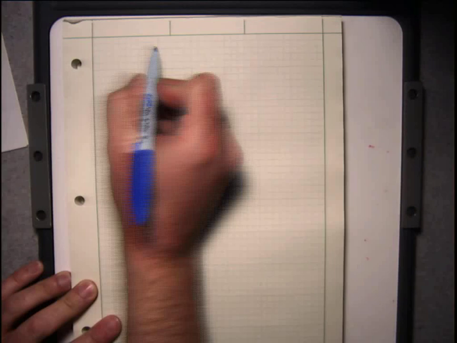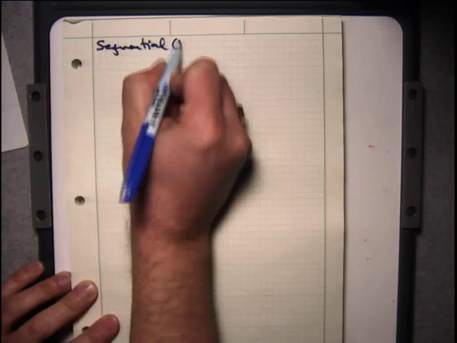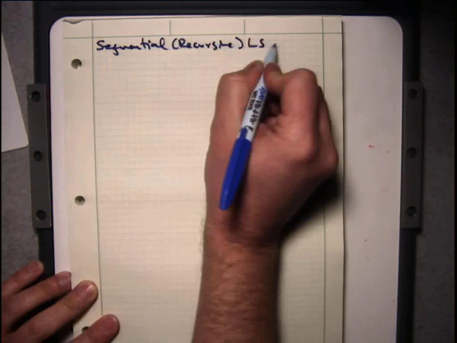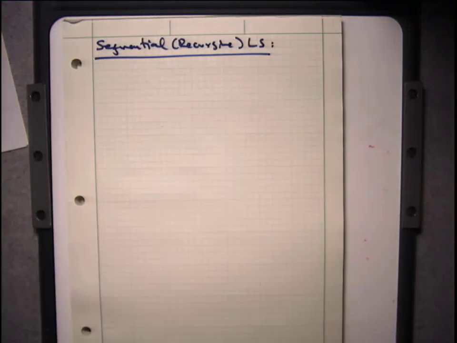Okay, so let's see a very, very simple case of how this works. So let's say I have sequential or recursive least squares. By the way, this can also be done with all the other estimators that we talked about, with maximum likelihood, with maximum a posteriori.